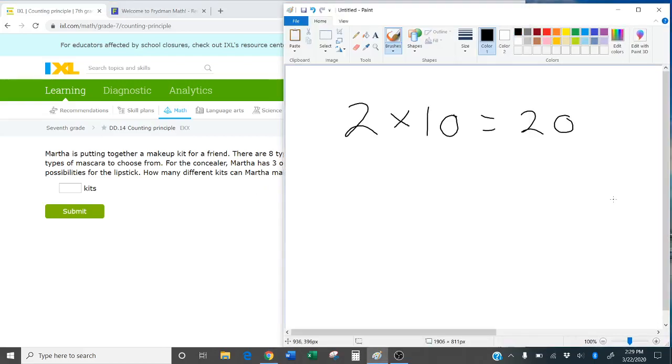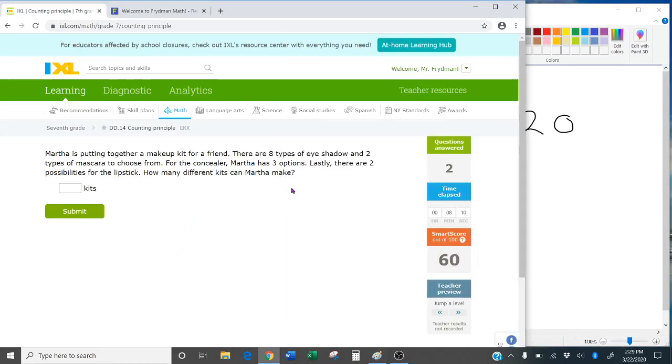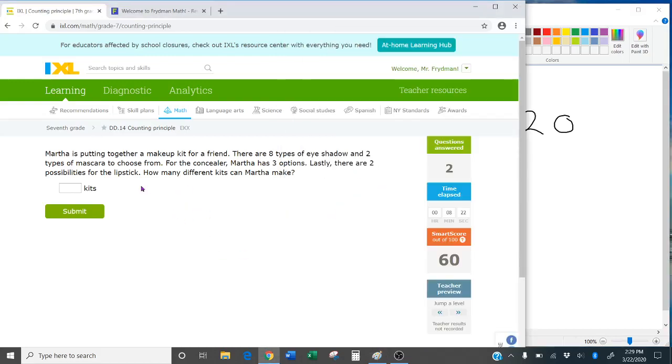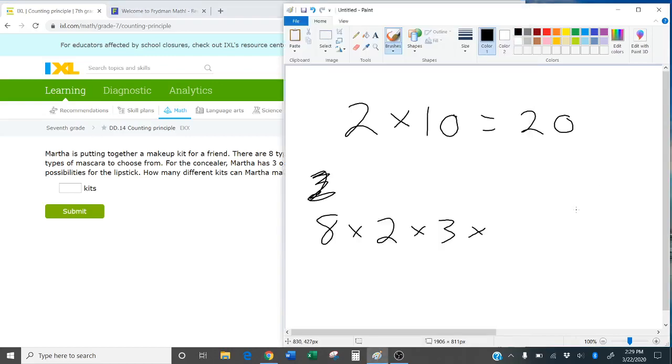Well, there are 8 types of eyeshadow. And what else did it say? 2 types of mascara, 3 types of concealer, so times 2 times 3, and 2 types of lipsticks.